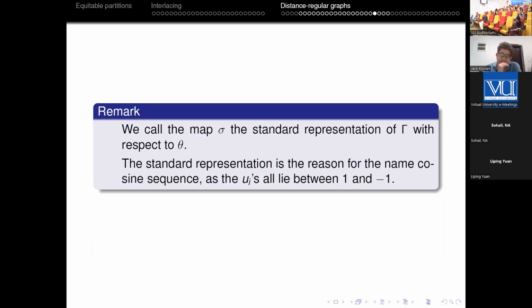This map σ is called the standard representation of Γ with respect to θ. And the standard representation is a reason for the name cosine sequence, as the u_i must lie between 1 and -1. So we can think of them as cosines of a certain angle.